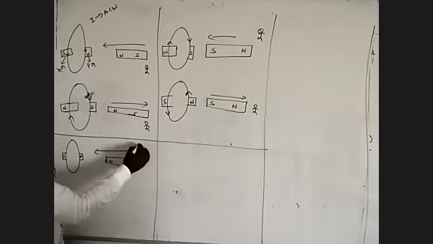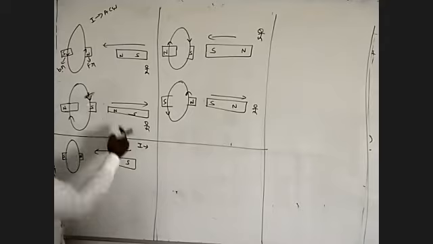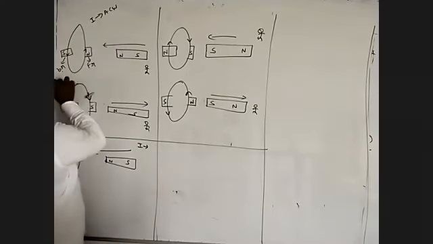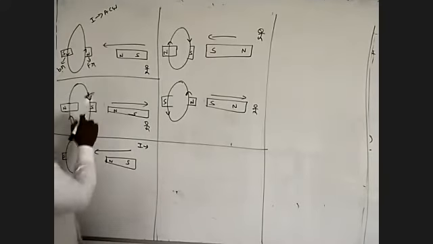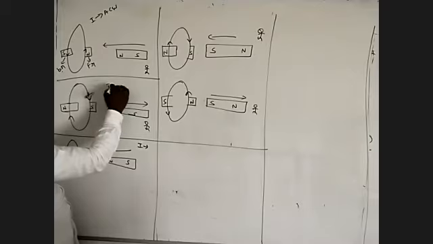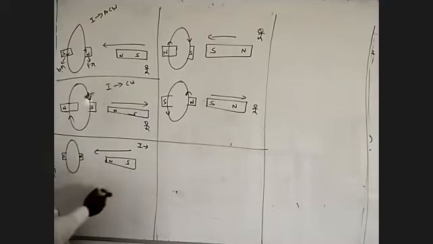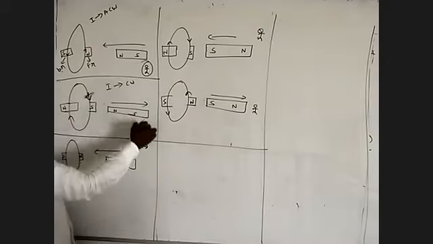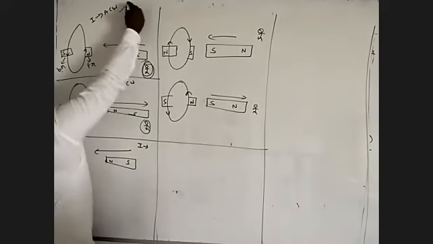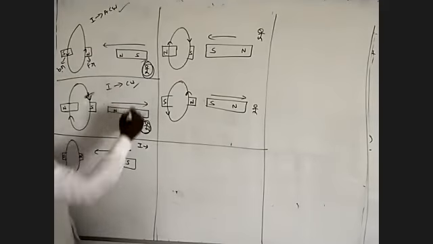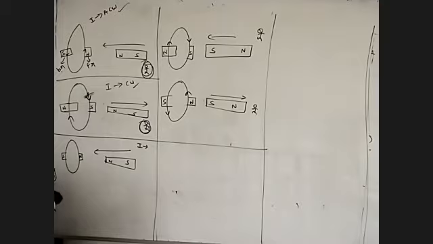Seen from the front, the current is anti-clockwise, but here the observer is at the back, so from the back side of the coil the current is clockwise.